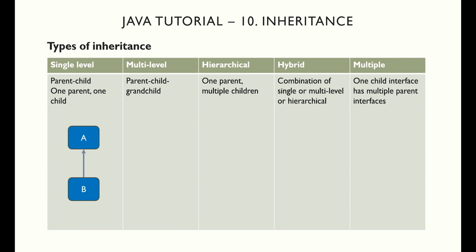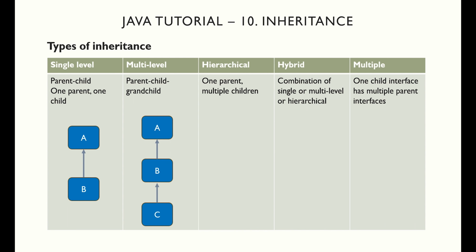Multi level. This is a grandparent type. A derived class will inherit a base class, where the derived class will act as a base class for other derived classes. Here, the child class extends the parent class and the grandchild class extends the child class.